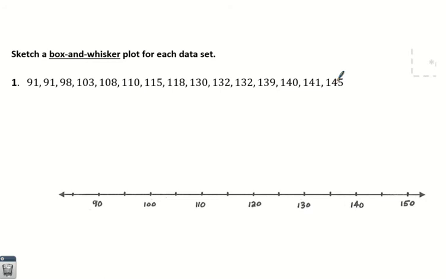Let's check that again: 15 values. Since it's an odd number of values, one of the actual numbers is in the middle, and there'll be 7 on either side. So 1, 2, 3, 4, 5, 6, 7. That would be the actual median, and then we'd have 1, 2, 3, 4, 5, 6, 7 more.